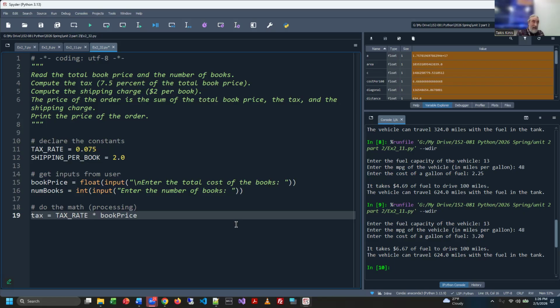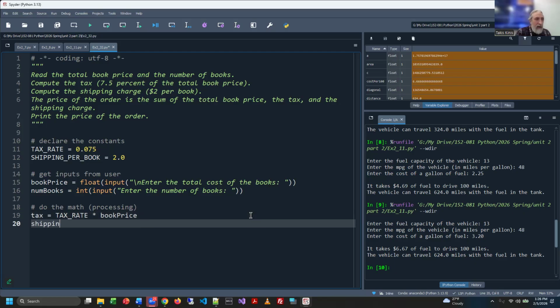Okay, that just gives me the tax though. I also need to calculate the shipping. So I'll go down a line here and I'll type shipping equals. And then how do I get the shipping cost? Well, if I look up above, it's $2 per book, right? So I would just say the number of books, num books is what I called it.